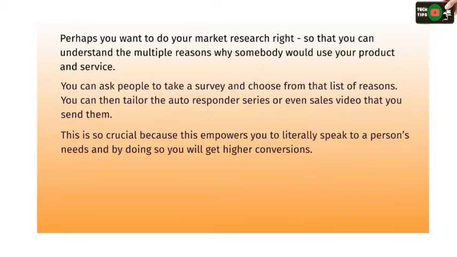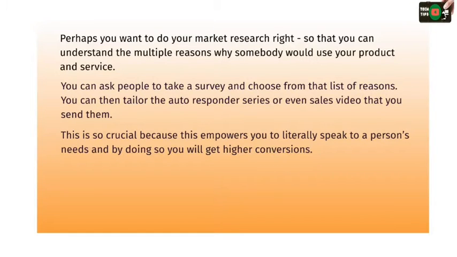So let's say, for example, they have choices 1, 2, and 3. If they choose number 1, they get sent to a different email autoresponder and a different video sales letter that talks about that specific need. And let's say, for example, that they choose number 3, then they get sent to a totally different sales letter or sales video and a different email autoresponder series that is tailored to that specific need.